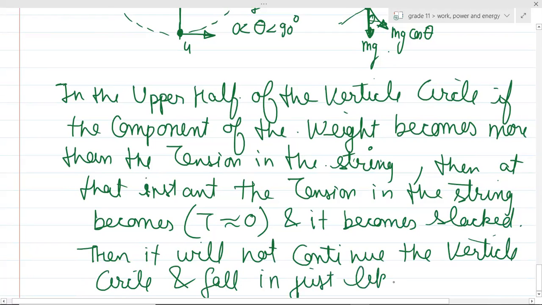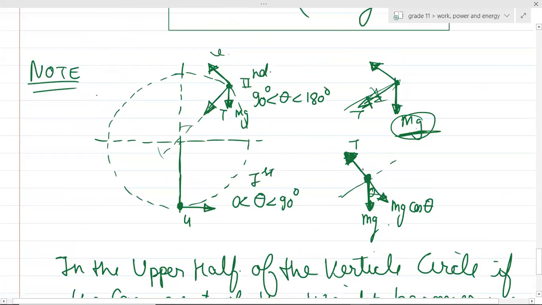I'll just draw the diagram to make it clear. In the lower half it will never happen. Why? Because the tension has to be greater than mg cos theta at that instant, only then it will be moving in a circular motion, right? At this instant it is possible, but here T and the component of mg act in the same direction, so at this particular instant we need to be careful.